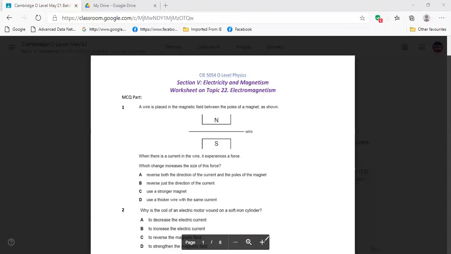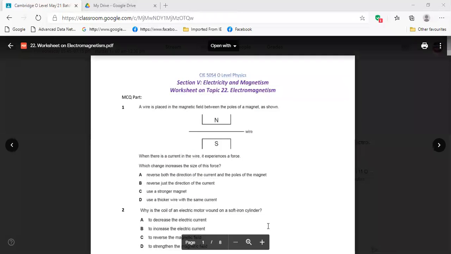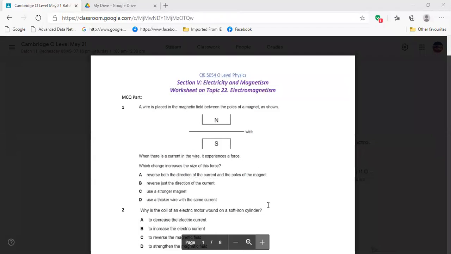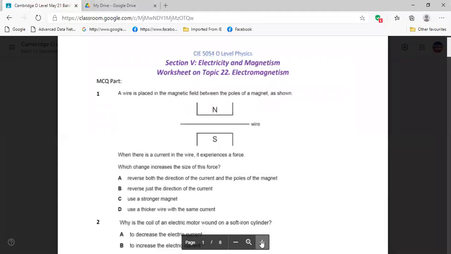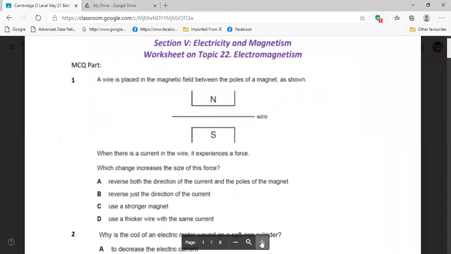Okay. So what is the first question? Can you read? A wire is placed in the magnetic field between the poles of a magnet as shown. When there is a current in the wire, it experiences a force. What change increases the size of the force? So C. Yes.